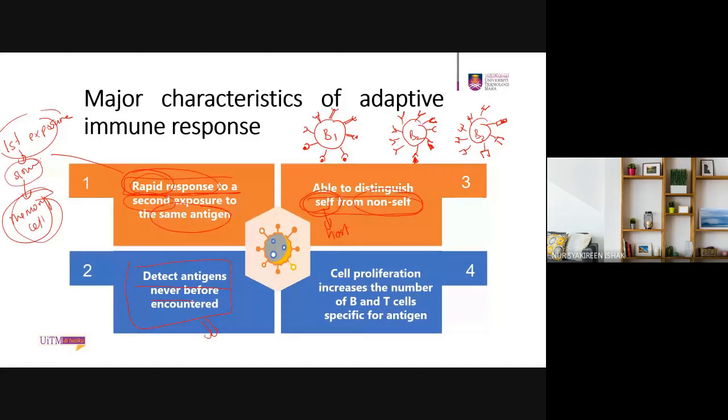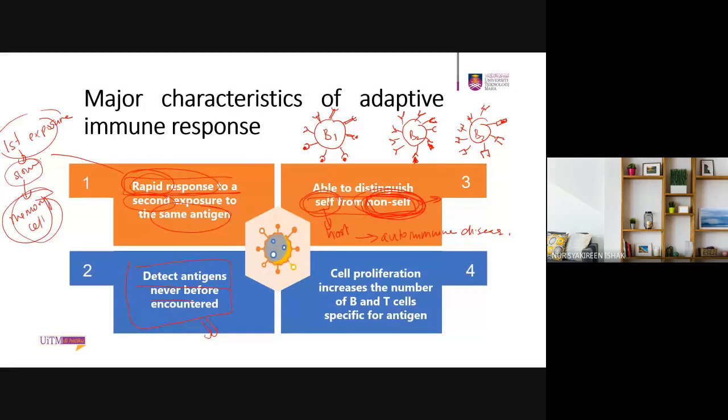So your immune cell cannot attack your own body. If your immune system attacks your own body cells, it could lead to autoimmune disease. So your immune system only detects and attacks non-self antigen.